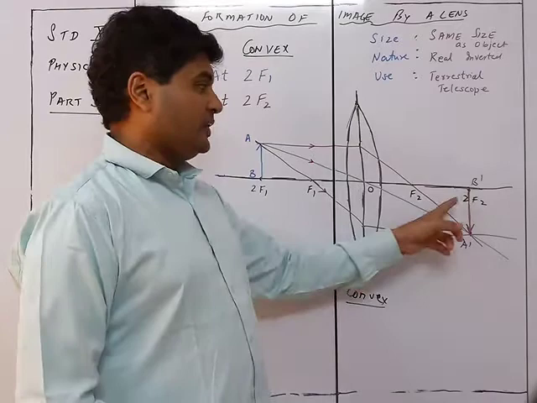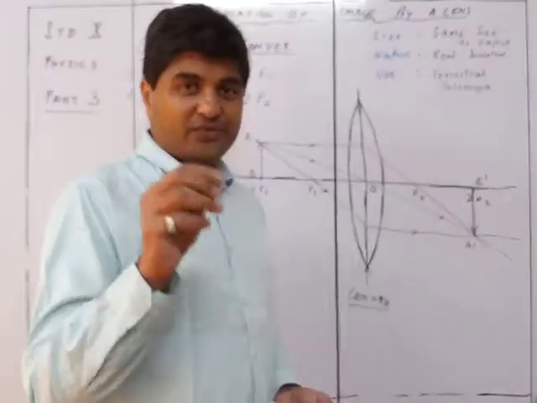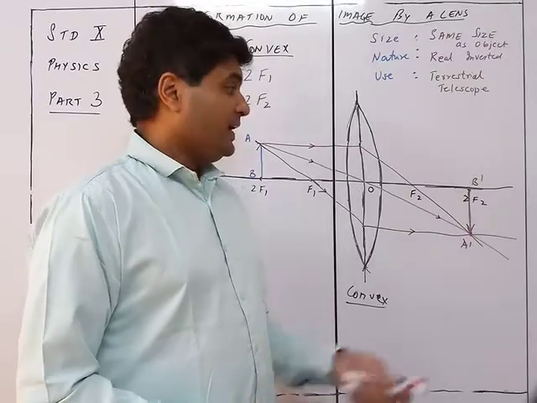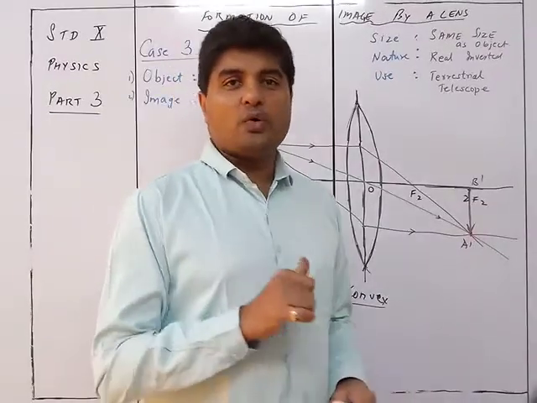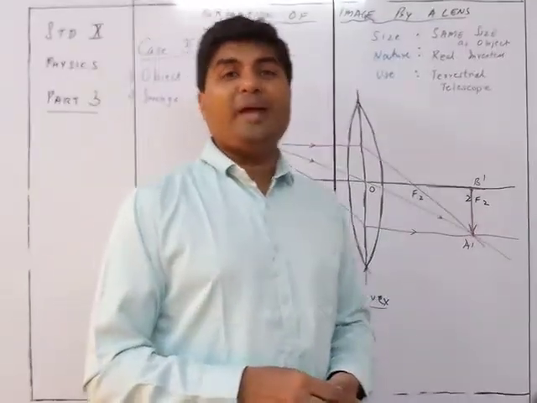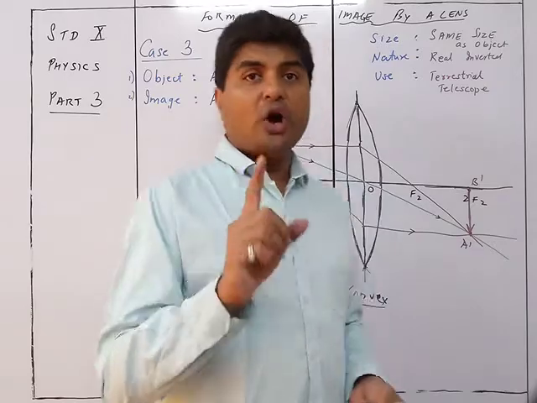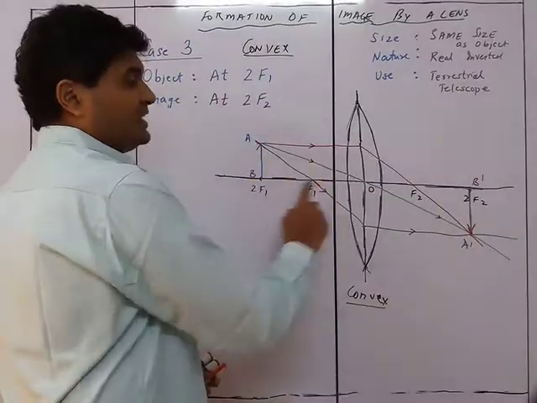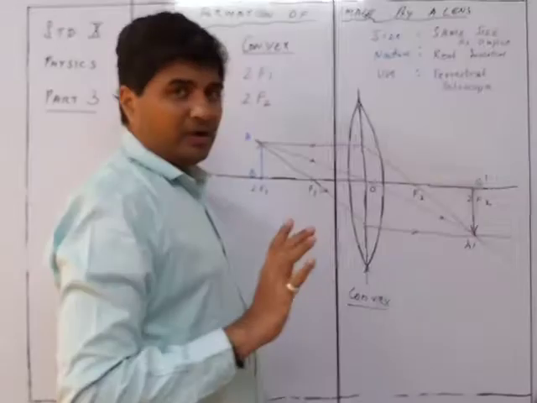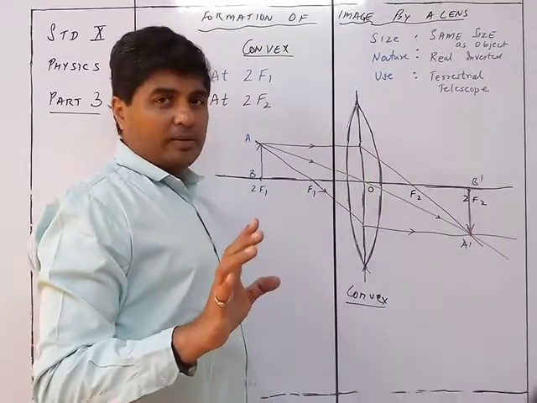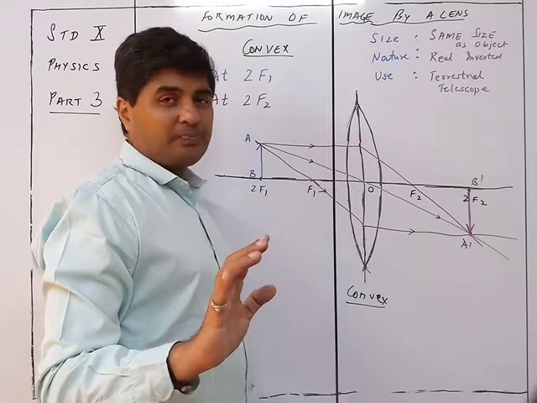So always see to it that you do a certain kind of manipulation so that it has to come on 2F2. This is the only ray diagram where you may need to do a bit of manipulation if you are not drawing these lines properly. If you are drawing this line parallel properly, then nothing will be a problem. You never need to do any kind of manipulation.